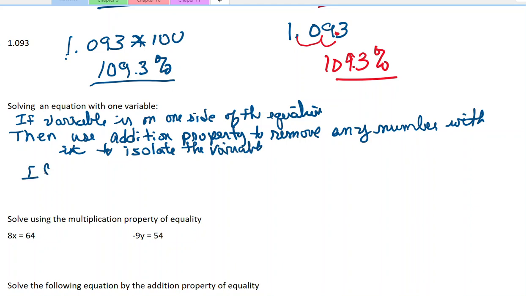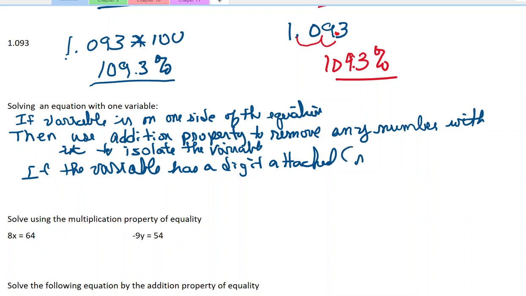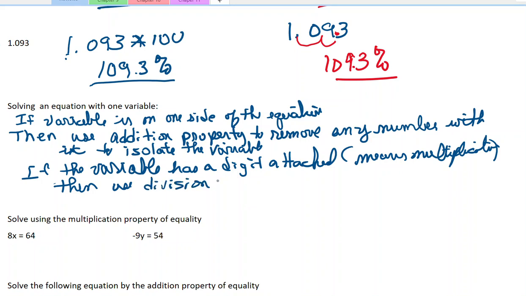If the variable has a digit attached, that means multiplication, and use division to undo multiplication.